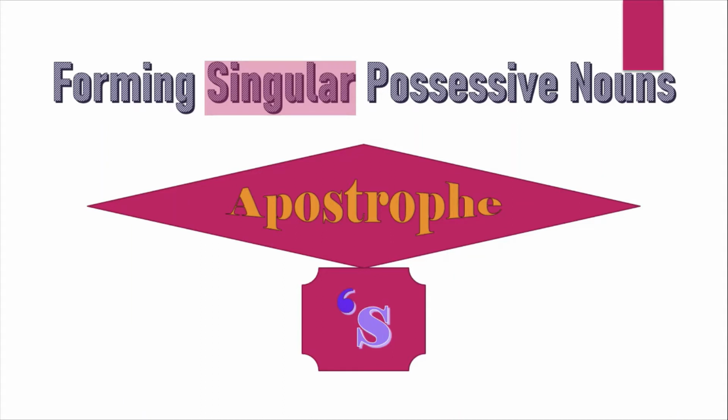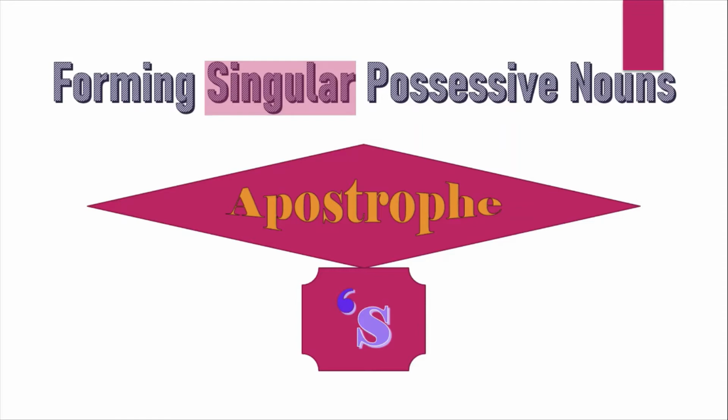And for that, we need apostrophe S, just like it's represented right there on the bottom. So remember, we are going to target singular possessive nouns first, and we need apostrophe S. Let's go ahead and look at some examples so that it becomes a little more clear to us.